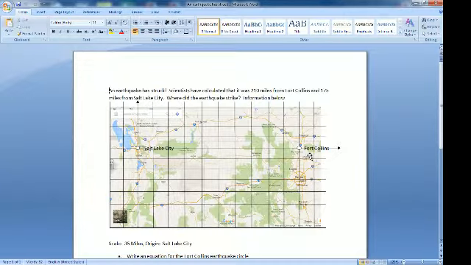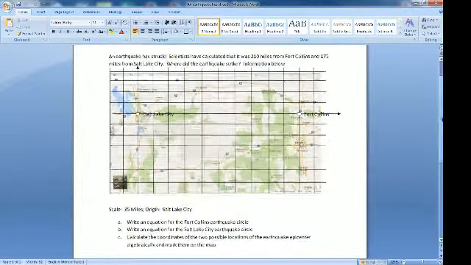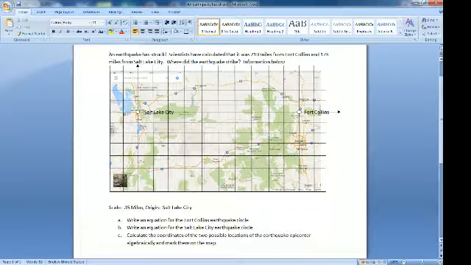This is a very straightforward problem involving circles. The scale is 35 miles. So find 210 miles from Fort Collins. Where am I going to stop? 35, 70, 140, 210.